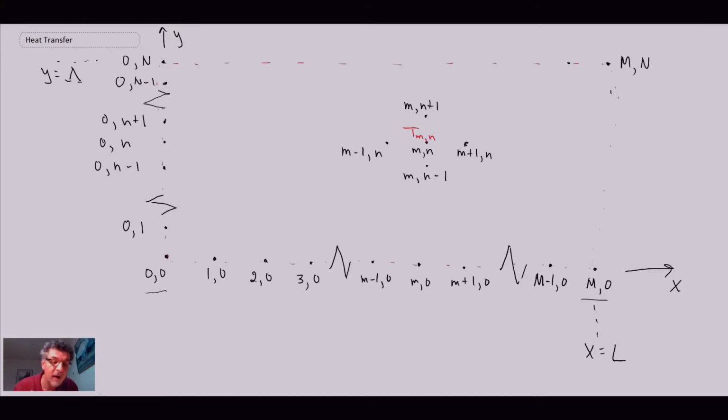So let's move on now to the second step of applying finite difference to the heat diffusion equation, and that is rewriting the mathematical physics equation in finite difference form.